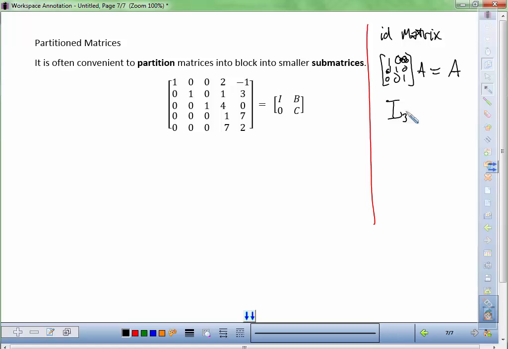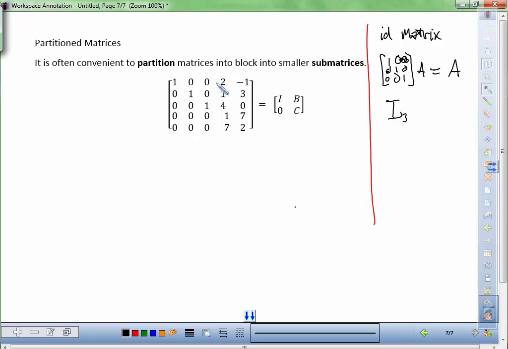All right, so because of this special property, sometimes if you see an identity matrix embedded in a bigger matrix, like this one, you see that 1, 1, 1 in the diagonal of this 3 by 3 submatrix, you might want to take advantage of that fact in case you need to multiply something. And then you've got another submatrix full of zeros. That's another useful piece of multiplication, because 0 times anything is going to be 0.